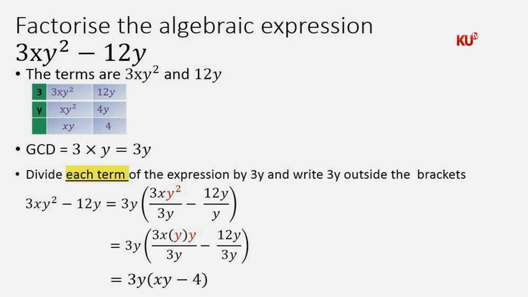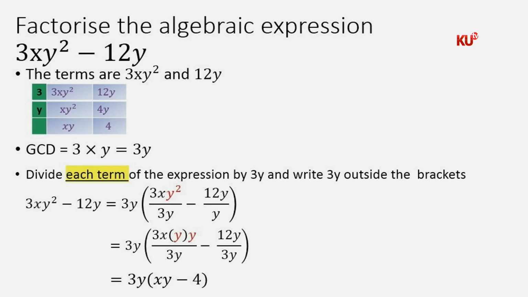Once you've obtained the GCD, you're going to take the GCD and divide everything by the GCD. So from the table, we are getting the GCD as 3y, and we're now going to divide every term that we had in the expression by the GCD.